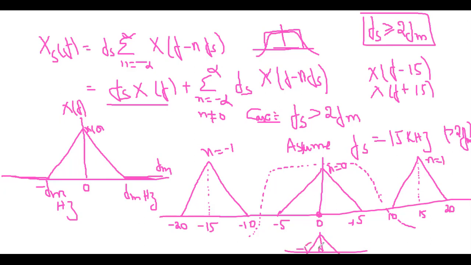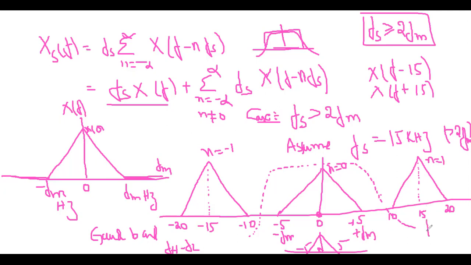Minus pi, 0, and the pi value. We can call it a guard band. The guard band is FH minus FL, higher frequency minus the lower frequency. What is the higher frequency here? If this is minus pi, we can take it as minus FM, and plus pi as plus FM here.